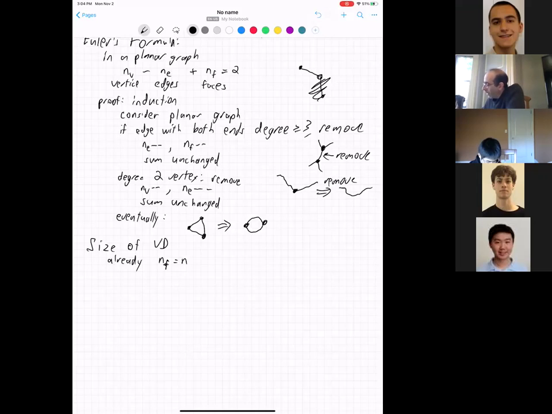Now, we also have that NV, by definition, is the number of Voronoi points. And I argued before that each has degree exactly 3.